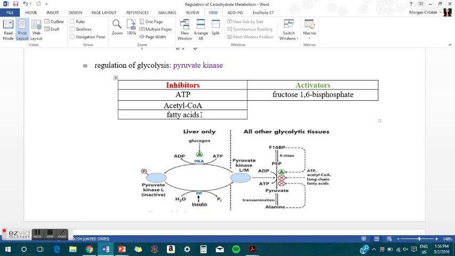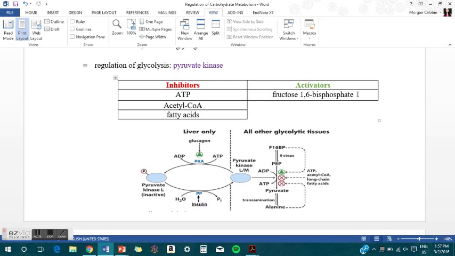So you get a lot more energy from breaking down fatty acids. So if you have a high concentration of fatty acids, your body is going to prefer to use that for its energy, because it does release so much more energy than breaking down a molecule in glycolysis.